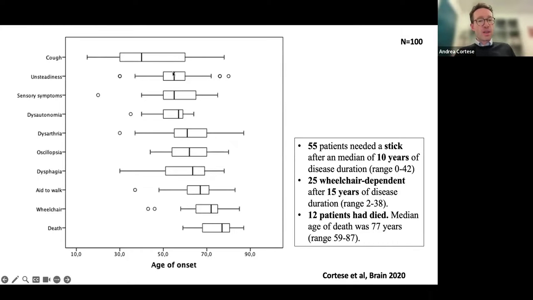Ataxia starts rather at the age of 50, I would say, around the same time, but often before that, there might be sensory symptoms like pins and needles in your feet, sensory loss, which is numbness, and sometimes pain, which is also particularly discomforting.